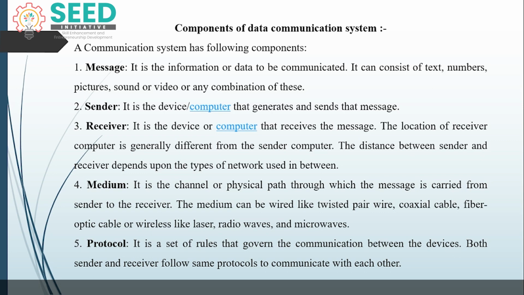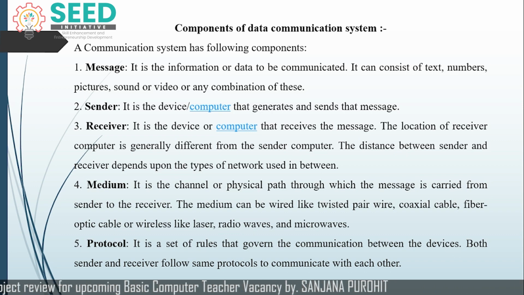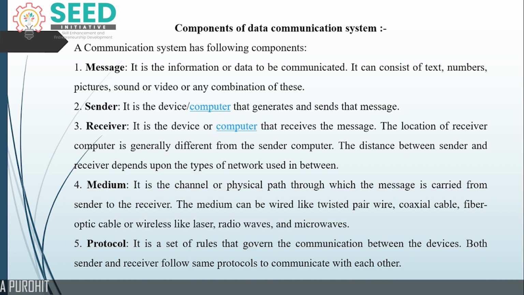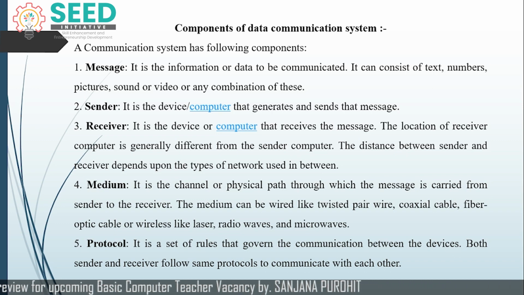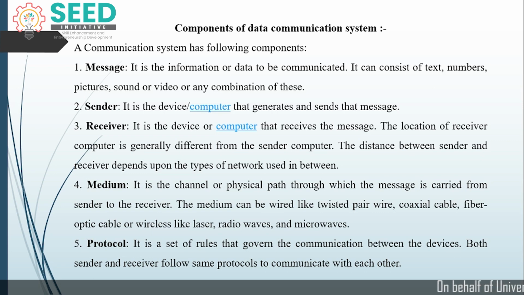Second important component is sender. It is the device or computer system that generates or sends that message. Third is receiver. It is the device or computer that receives the message.